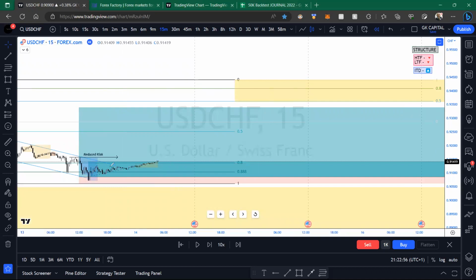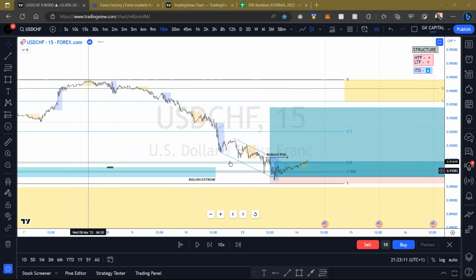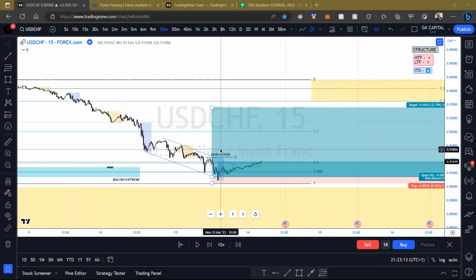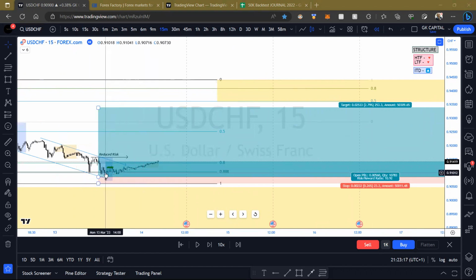So close here. So the market closed here. Yep. Oh right, okay, so this is Monday, sorry. So this is Monday. Right, and then the market closed here. The market closed here, so that's why I would go to reduce risk.